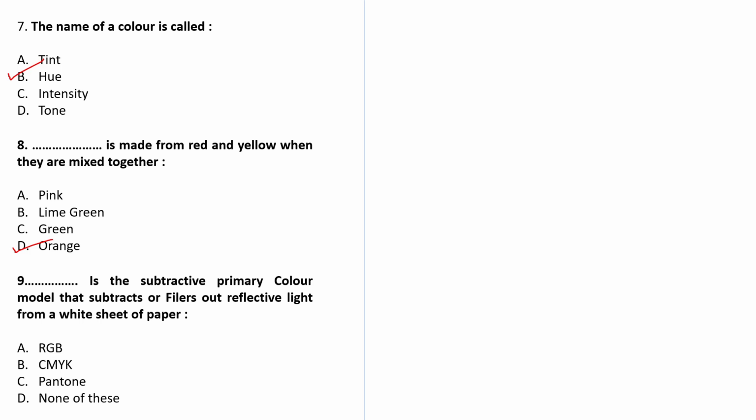Okay, so B is the correct answer. This is the principle of subtractive color, CMYK color, the color process used by printers: cyan, magenta, yellow ink along with black to filter reflected white from the paper and produce all the colors. So B is the correct answer.